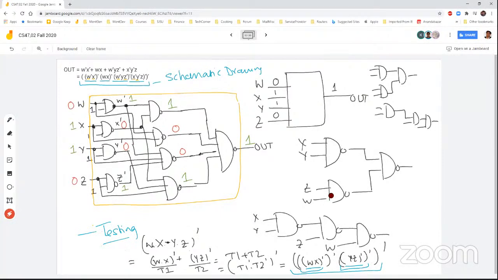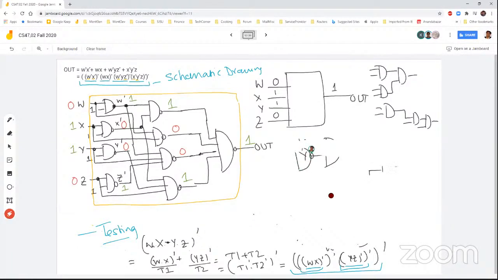So that means let me just reconfigure this one. So this is two of them.